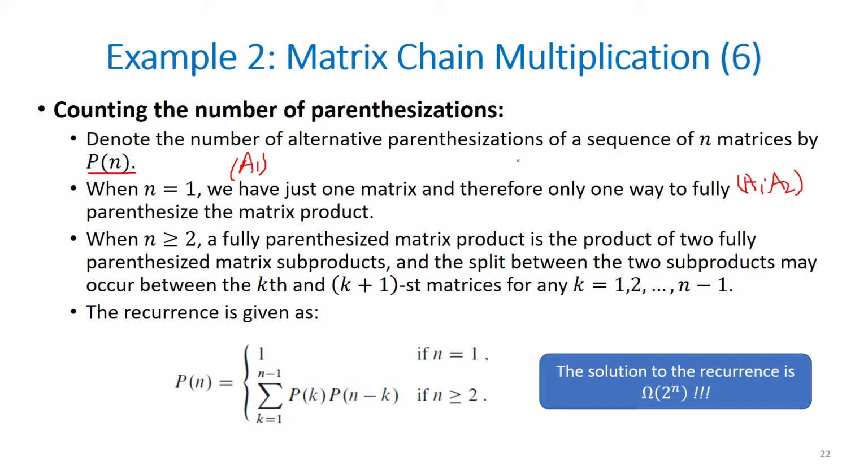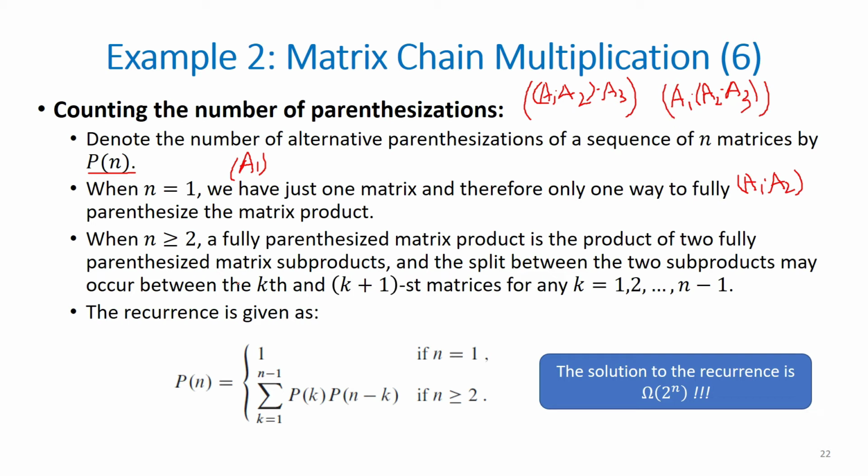For n equal to 3, we would have two options. We can say A1 times A2, in parentheses, times A3 and the whole thing in parentheses, or we could have A1 dot, in parentheses, A2 dot A3, and the whole thing in parentheses.